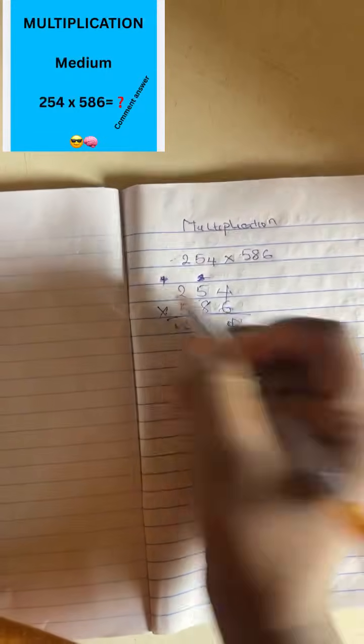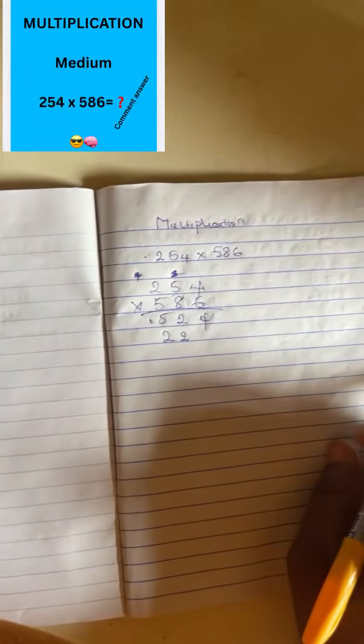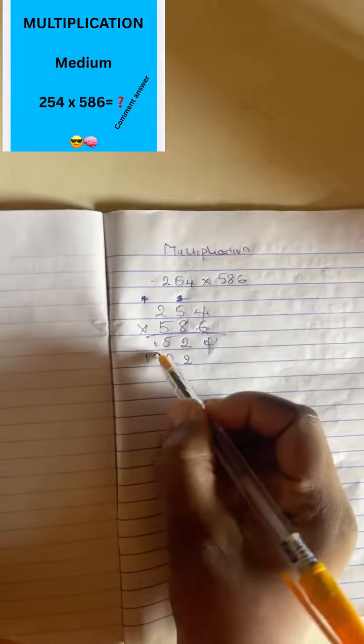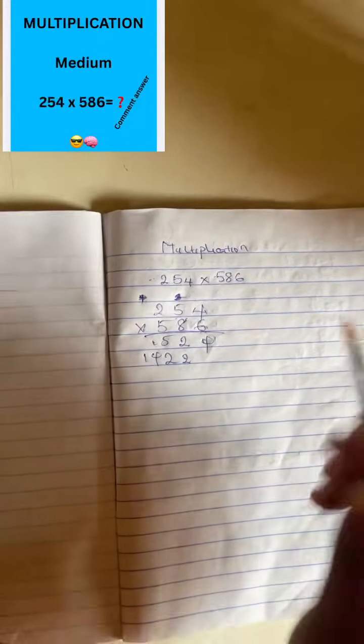Carry 4. 8 times 2 is 16, plus 4 is 20. Okay, we're not done yet though.